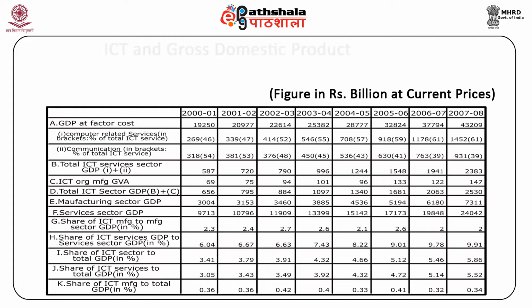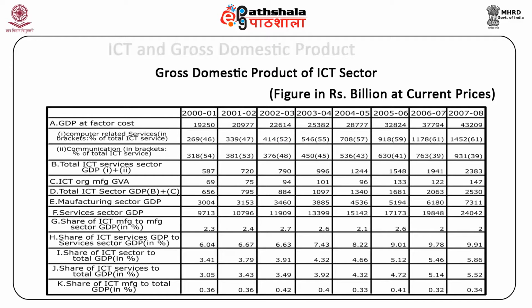If we look at figures of gross domestic product at current prices, we observe that they have increased from 19,250 billion rupees for the year 2000-2001 to 43,209 billion rupees in 2007-2008.